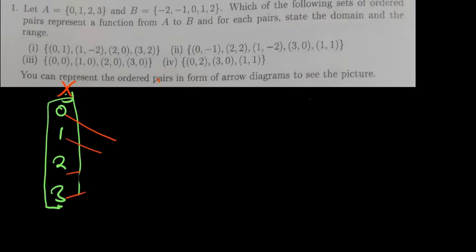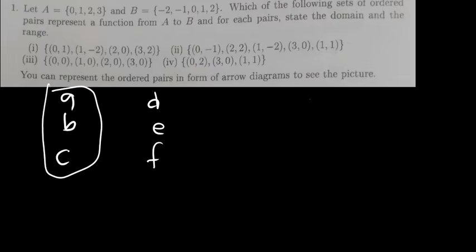Another thing that I want you to understand is that if I have got a, b, c, d, e, f, so this is the domain and this is the range.